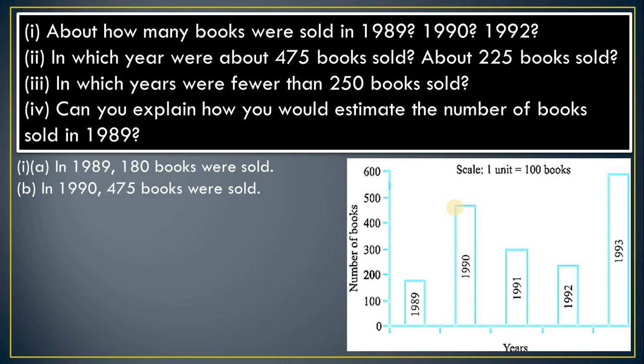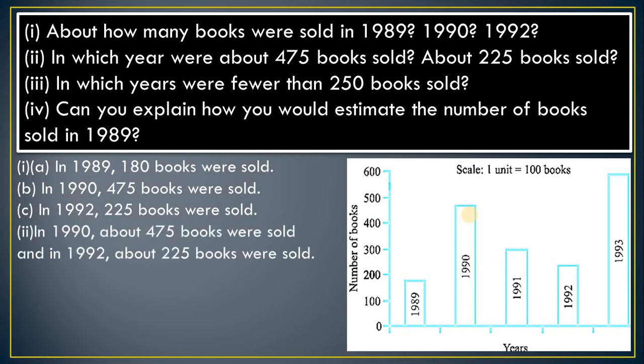And then about the next year, 1992, it is more than 200. It is looking like around 225. So you can say 225 books were sold.